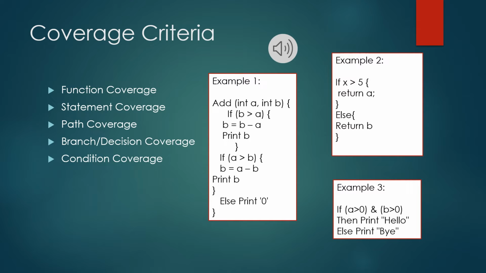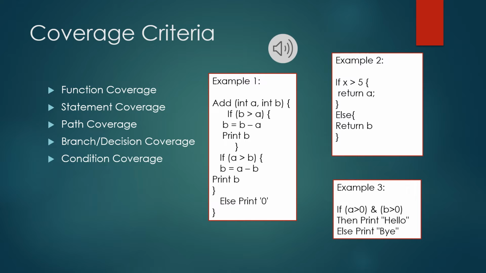There are 5 types of coverage criteria. The first coverage criteria I will go over is function coverage. Function coverage means that all functions in the source code are called and executed at least one time. In a source code, there may be multiple functions, and depending on the input values used, a function may or may not be called for.